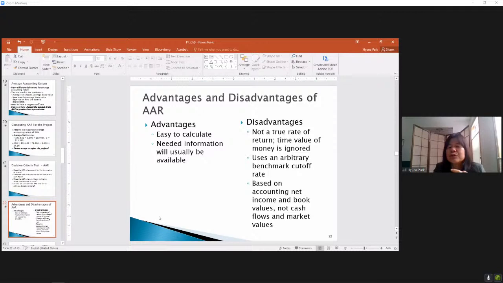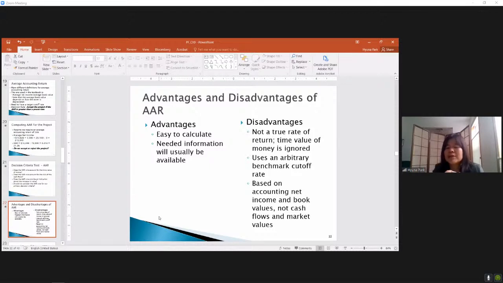Disadvantages: it's not a true rate of return, the important concept of time value of money is ignored, and an arbitrary cutoff target rate should be set, and nobody knows why. It's not arbitrarily picked, but there's no firm ground. It's also based on accounting net income and book value, not cash flows and market value. We know book values and market values are quite different, and cash flows and net income are quite different.